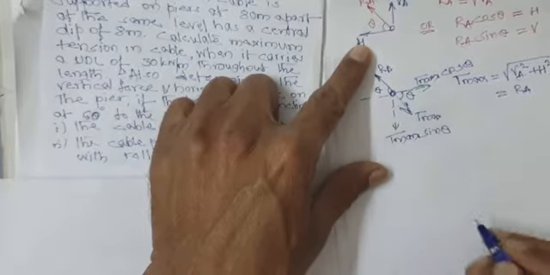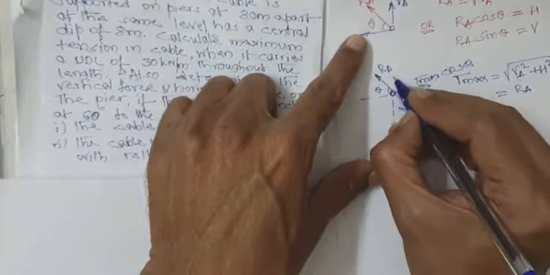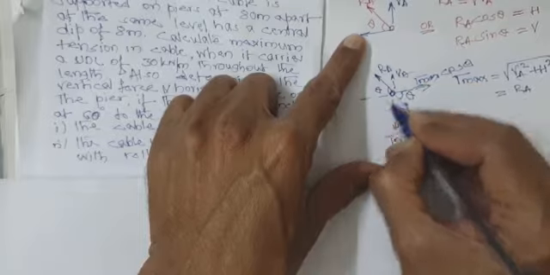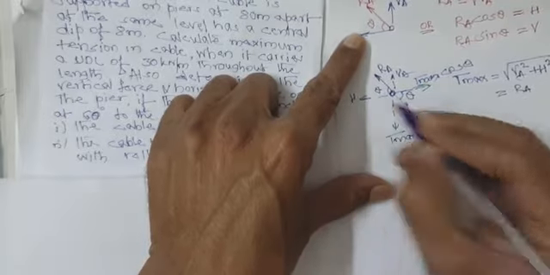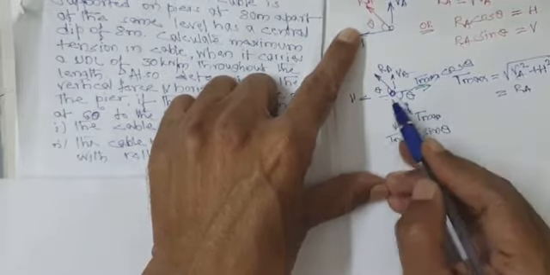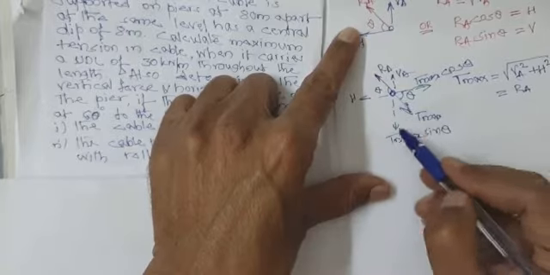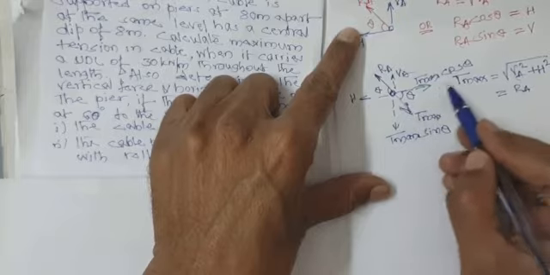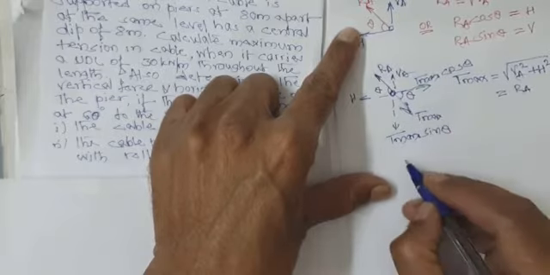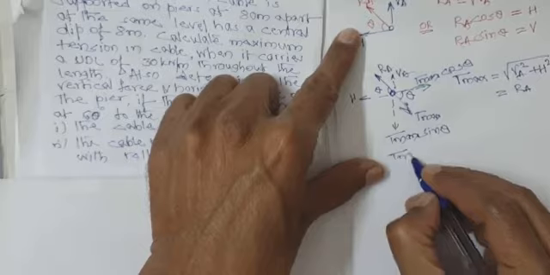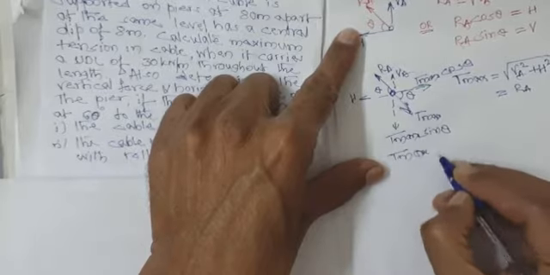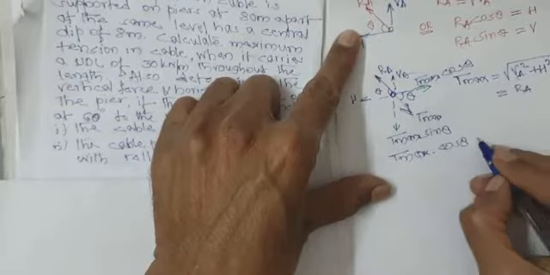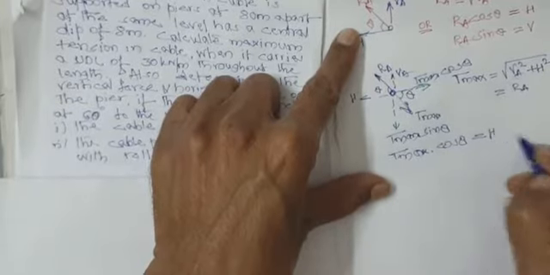If you show this by dotted lines, this is nothing but VA, this is nothing but H. For equilibrium, T maximum cos theta must be H. T maximum sin theta must be VA. Resolving T maximum along horizontal, it is T maximum into cos theta, which is nothing but H here.